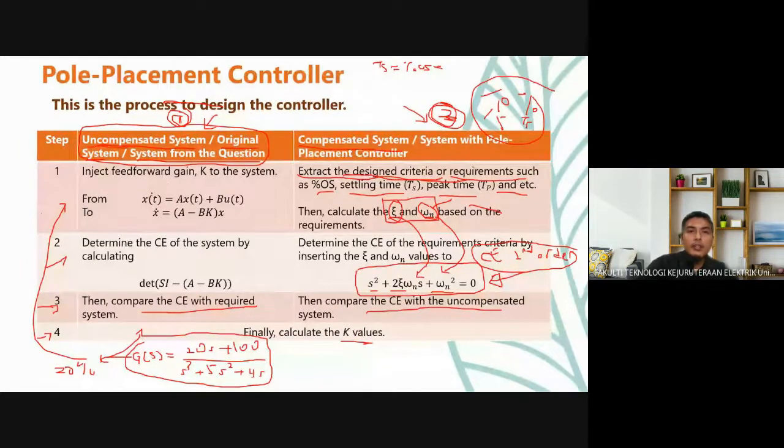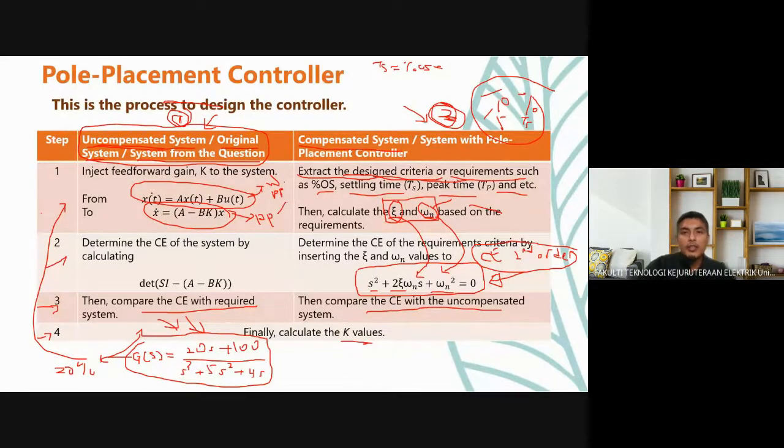You have the uncompensated system. In this case, this is the uncompensated system. And then you need to convert to the phase variable form and check the controllability. After you change to the phase variable form, you need to inject the gain K into the system and then you get this equation.